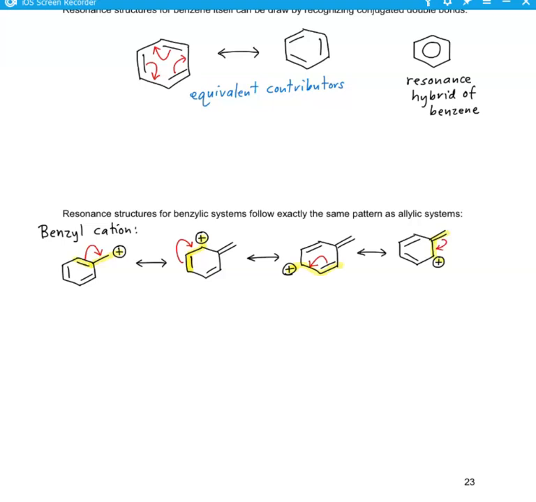And finally, we have one more structure that we can generate. And that would be this one. So that's for the cation.